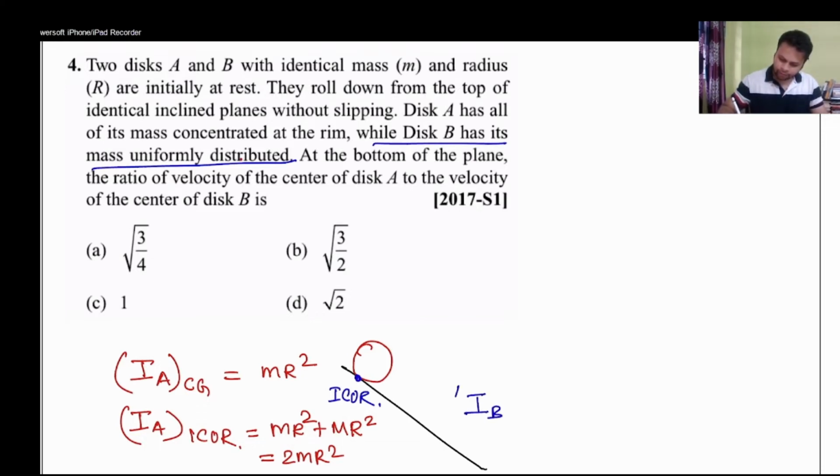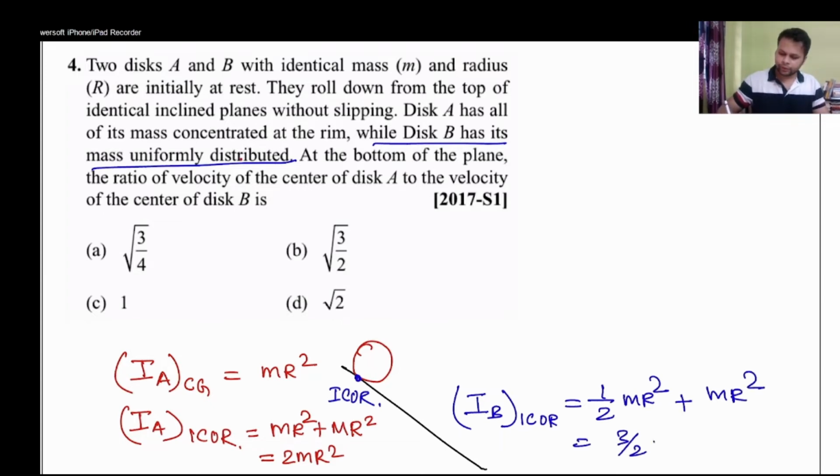IB about the instantaneous center of rotation is equal to the value about CZ, half mr square, plus mr square, that is equal to 3 by 2 mr square. So the moment of inertia of disk A is 2 mr square, and that of disk B is 3 by 2 mr square.